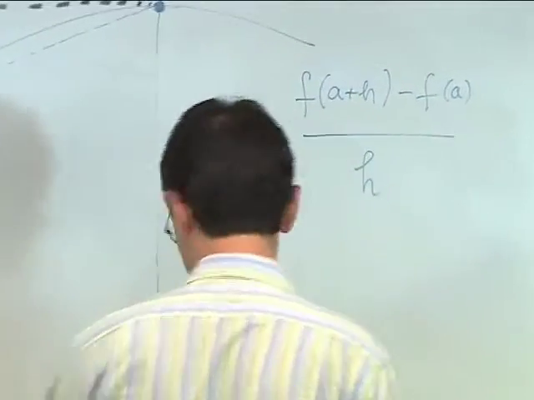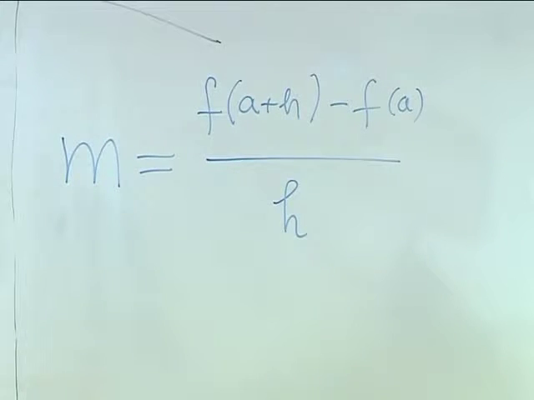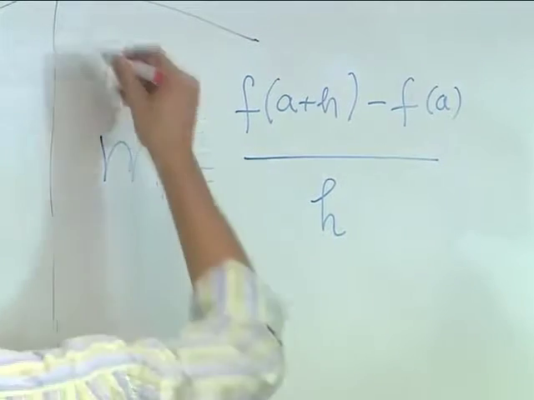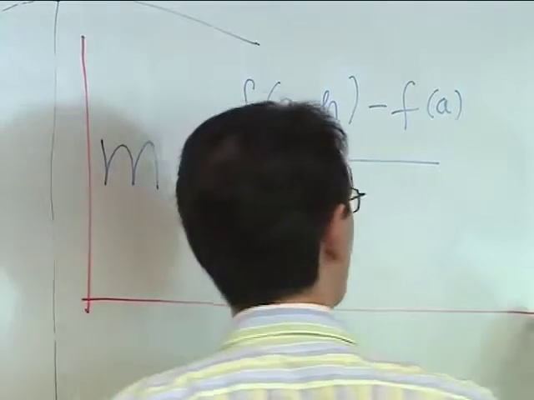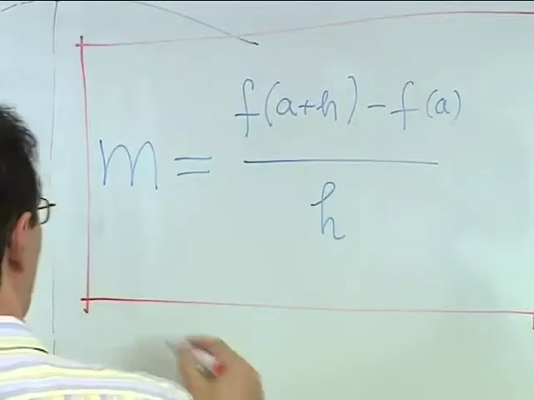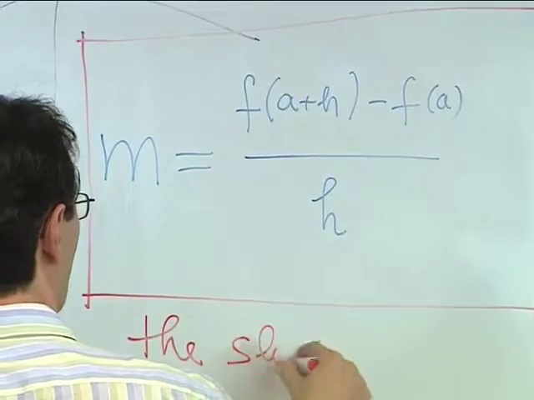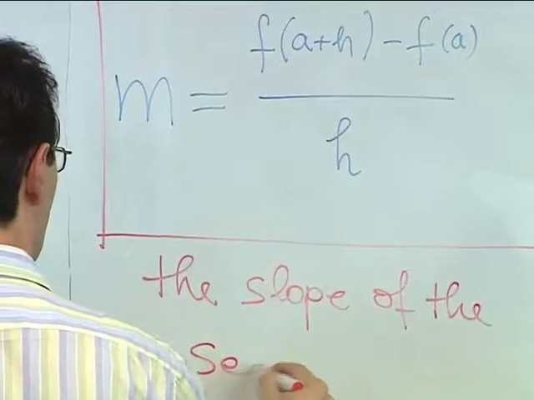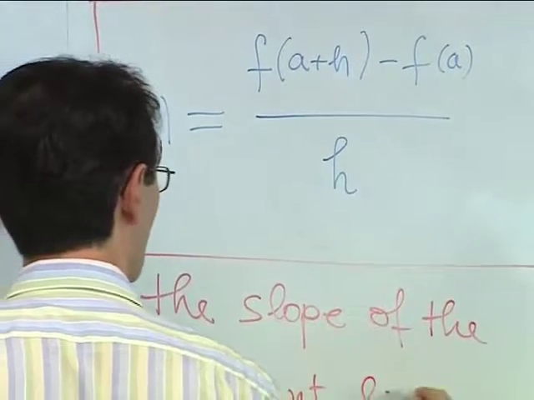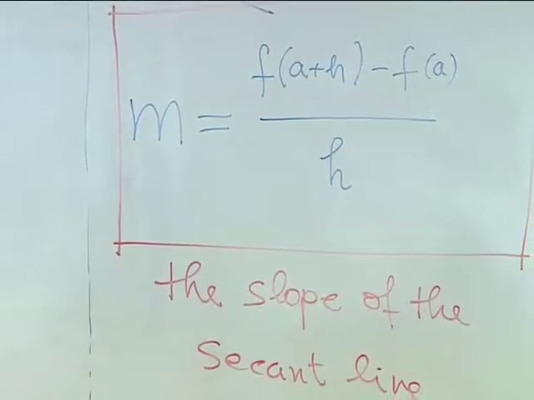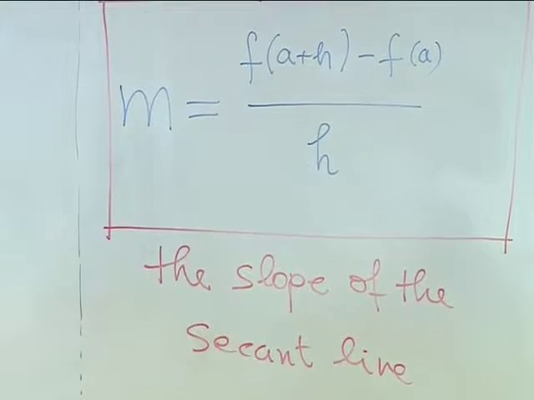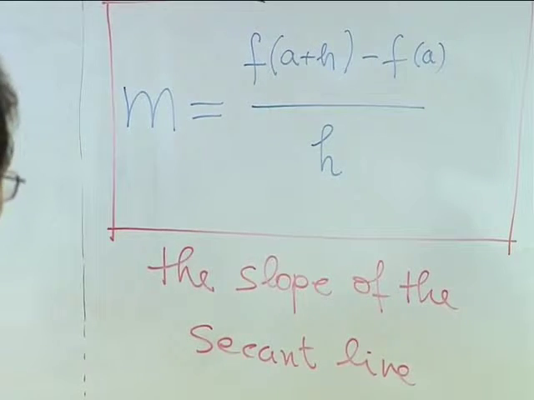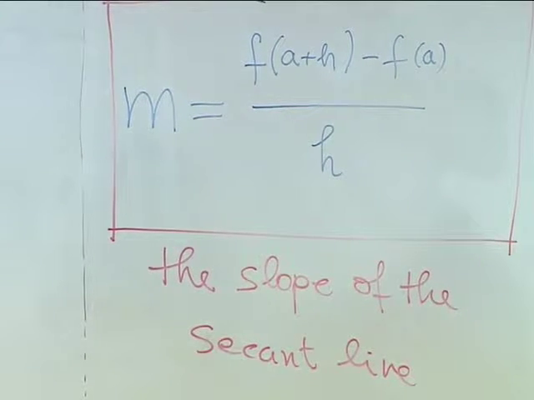So let's write that in bright red. All right? That's the slope of a secant line.